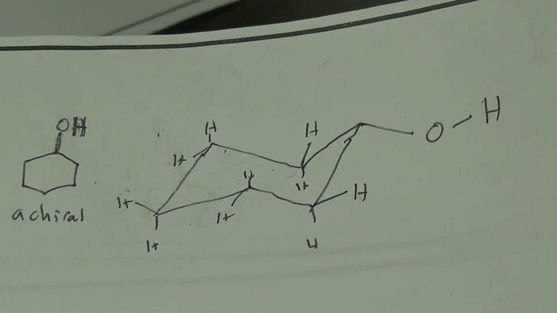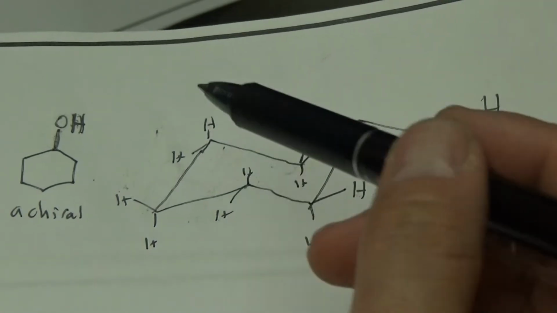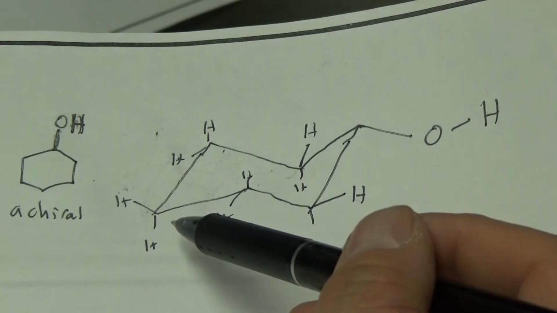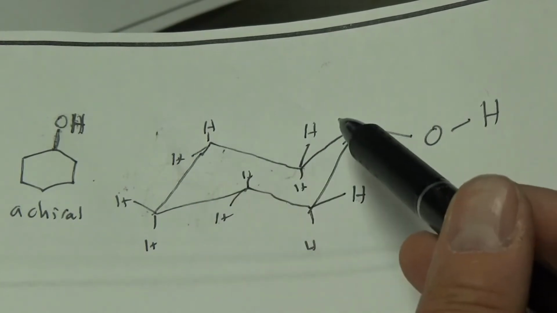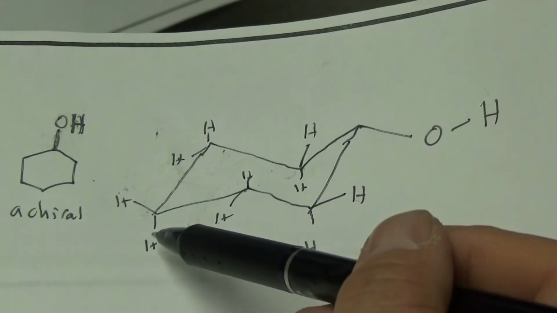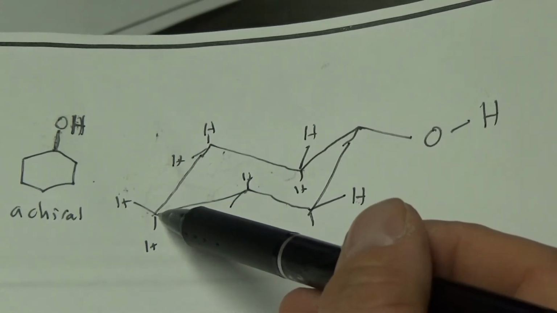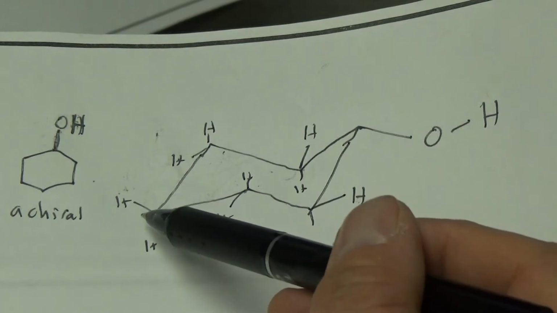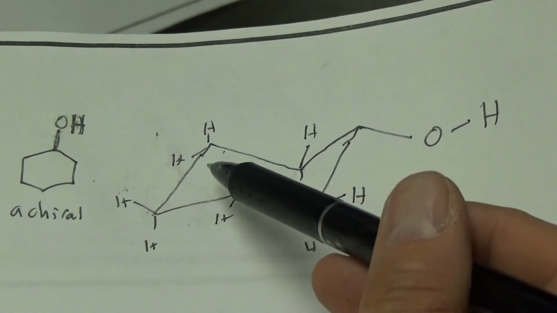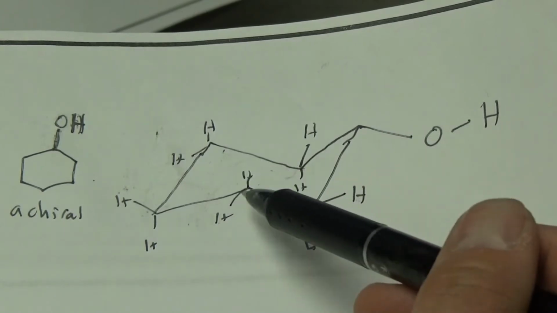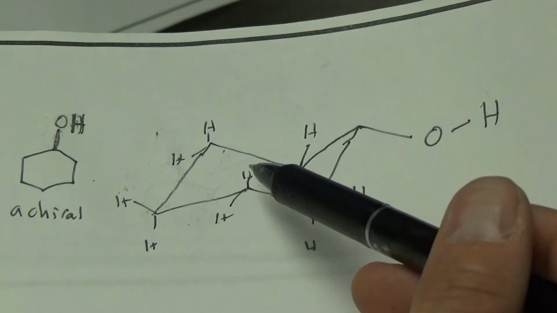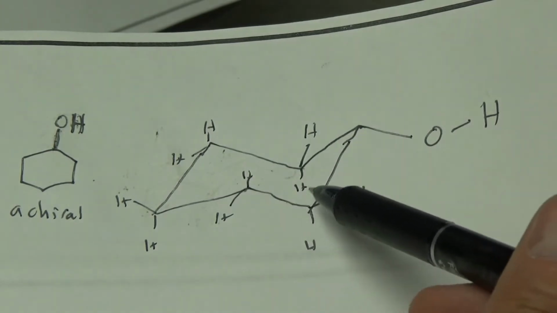There we are. So let's try to envision where the plane of symmetry is, okay? Because there should be a plane of symmetry that slices this molecule into two equal halves. And there is. The plane of symmetry goes right through that CH2. It's a vertical slice. And it slices right in between these two CH2s, and then right between these two CH2s.